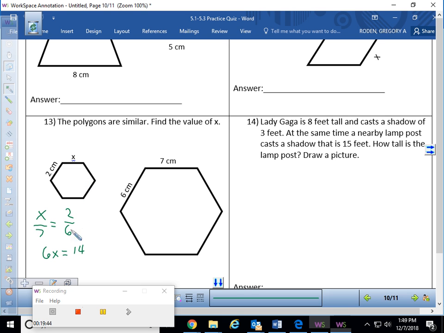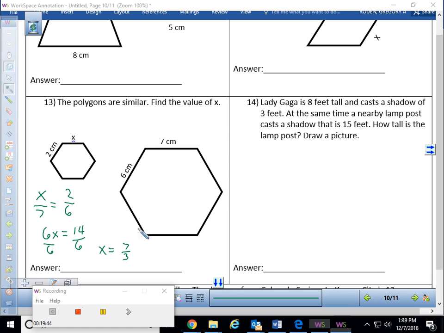Well, I've got to divide by 6, and so I get x equals, I'm going to reduce this really quick. This is 7/3. And what is 7/3? I think 3 goes into 7 2.3333 forever. So I'm going to get x equals about 2.3 repeating. And you can do the division to see how that works.